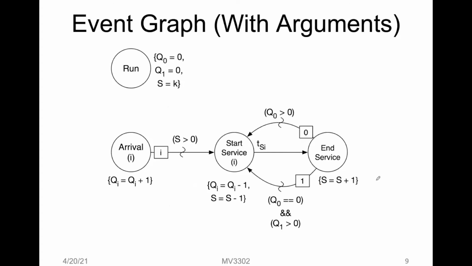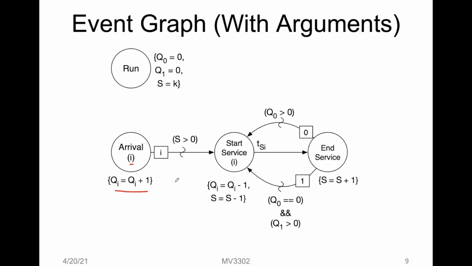So that suggests that we can parameterize our events by adding an argument to it. In other words, I think people were commenting on this early on, we can look at Q as an array. So now if I have an arrival of type I, then I can simply increment QI.